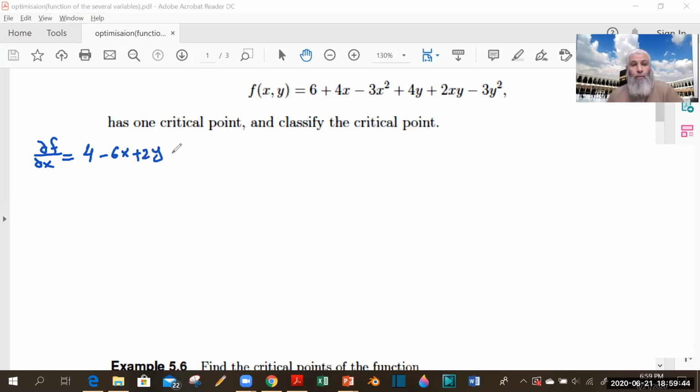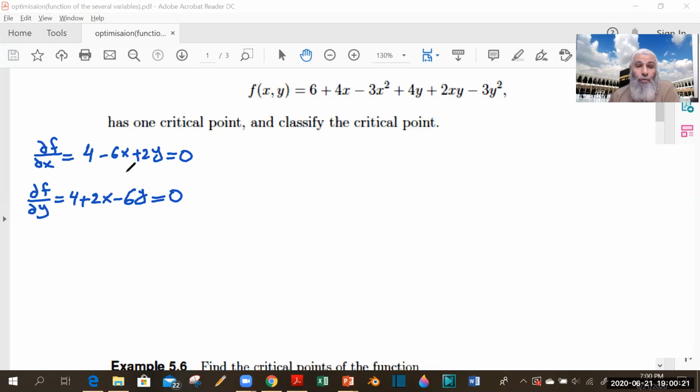And df/dy with respect to y would be 4 plus 2x minus 6y. So we will equate this to 0 and this to 0 to find the critical point.